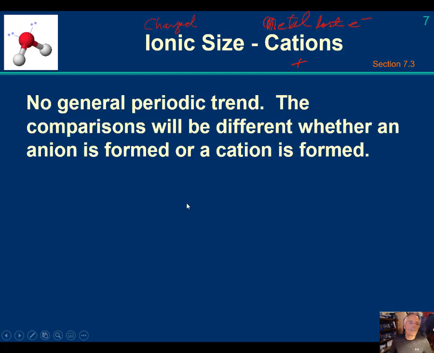So here's the deal. No general periodic trend, but you're going to compare the atom to its respective ion. So here's sodium. Let's take a look at the electron configuration for sodium. We notice that it's got this 3s1 electron. Sodium's in group 1, and all the group 1 elements, the alkali metals, love to give up that 1 electron.